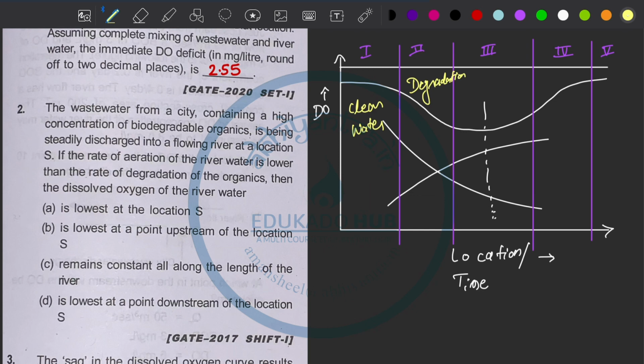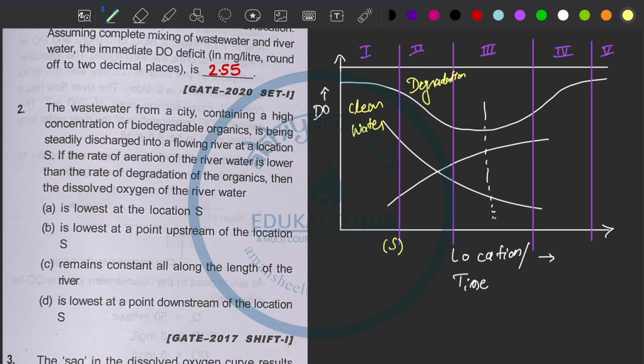Zone of degradation. In this, the dissolved oxygen level falls due to the decomposition of organic matter, because this is the point S, where we have mixed the BOD discharge or sewage into the river. After mixing, the dissolved oxygen of the river gets consumed in the process of decomposition of organic matter, and the DO starts decreasing.